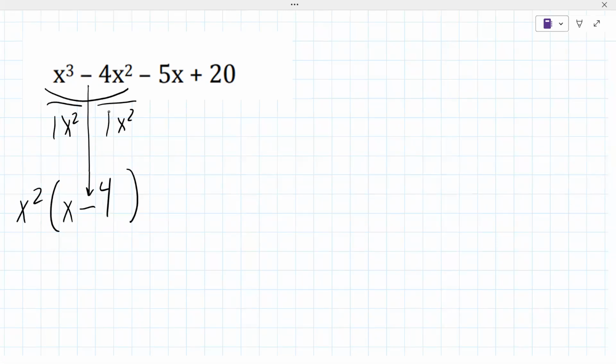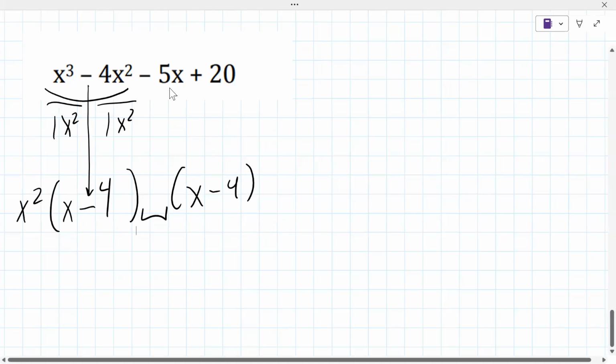Very good. Then you immediately write that here. You've got to figure out what goes in parentheses. Sometimes it's easier to look at the number.